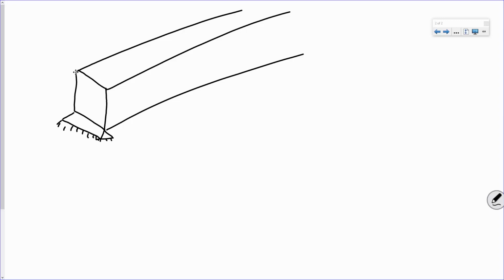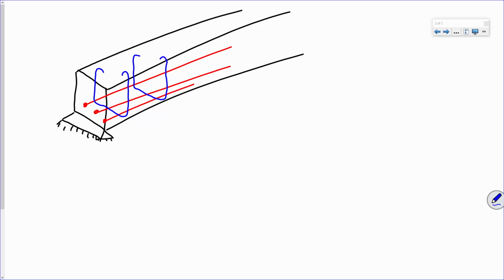You're going to have some bars go like this. That's the tensile reinforcement. But to tie all that together, and to provide shear reinforcement, you're going to have some hoop steel here and some stirrups like that.